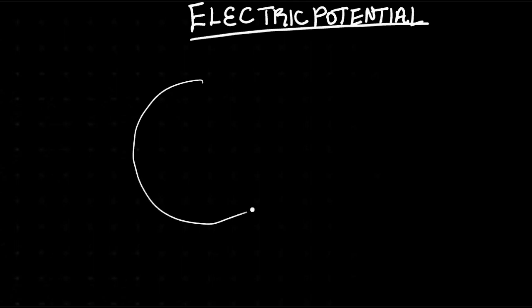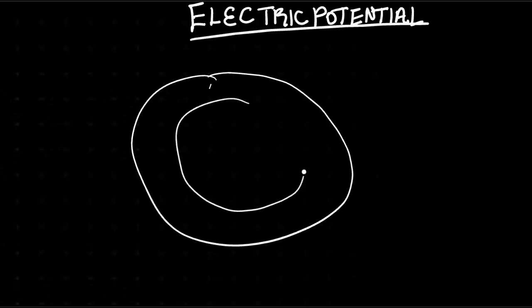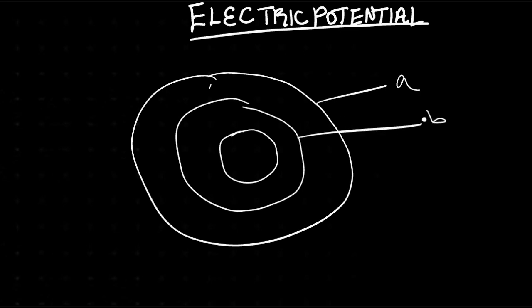If we have circles like this, and let's say this is point A, B, C, it means that the electrical potential in this region, in this region, and in this region are equal. The electrical potential in all the regions is equal.